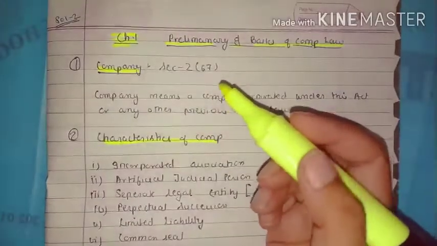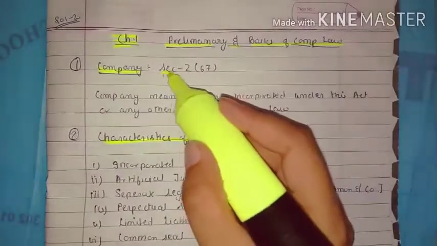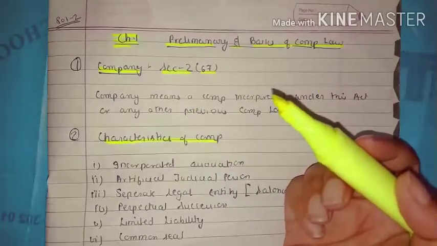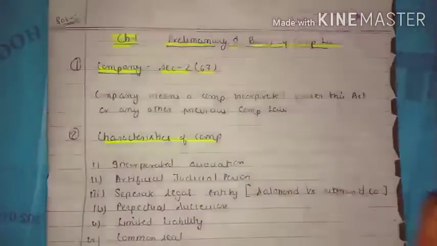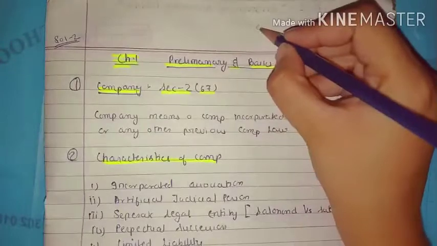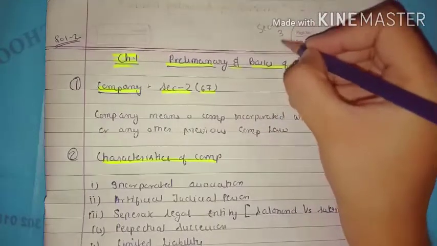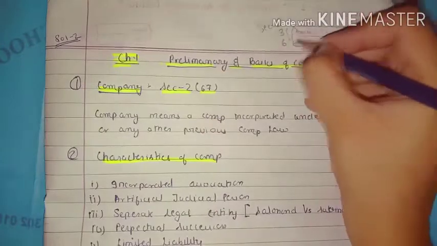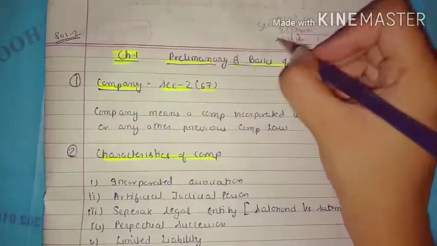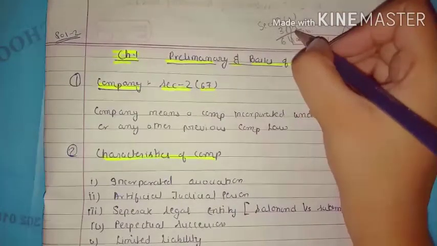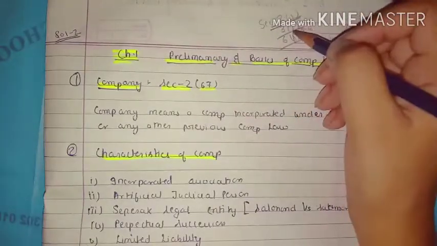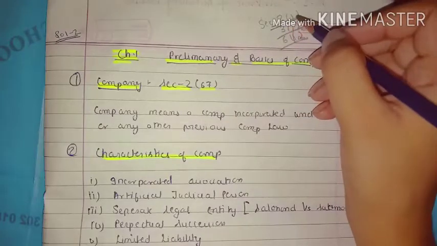Now, what is a company? It is given under section 2 clause 67. Now, I give you a little bit of information about interpreting the law. Whenever a section comes like section 2, section 3, section 6, and in brackets some more numbers come, like 1, 1 and 1, we call it section 3 subsection 1, and section 6 subsection 1, but at section 2 we call it section 2 clause 1.